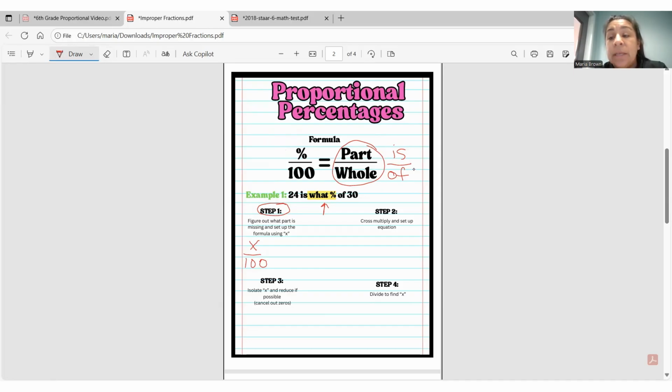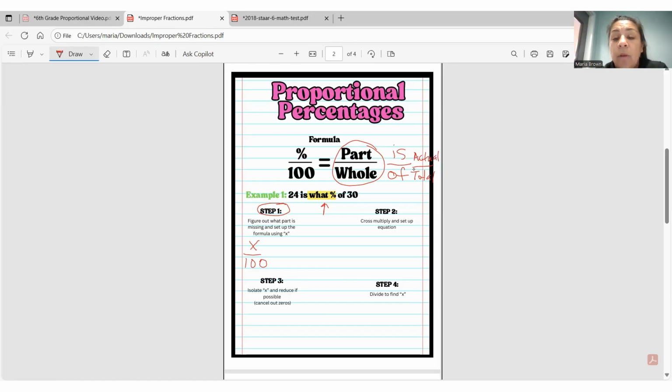Maybe that whole pizza is in 6 slices, but I only have 3 out of that total of 6. So remember, the whole is the total, and the part is the actual amount that we have out of that total.